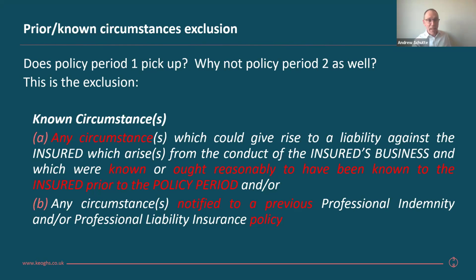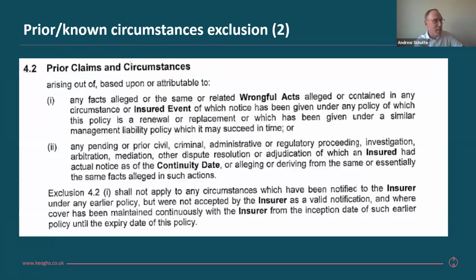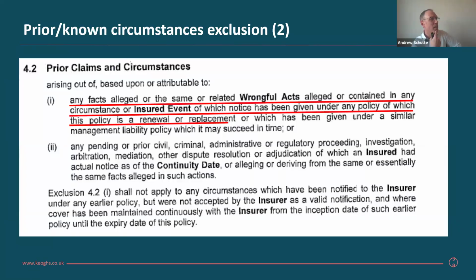That exclusion has the effect of allowing you as a liability underwriter to take each risk more or less clean from the day that the risk incepts. There are variations of this clause. So on this one, this is a D&O exclusion.